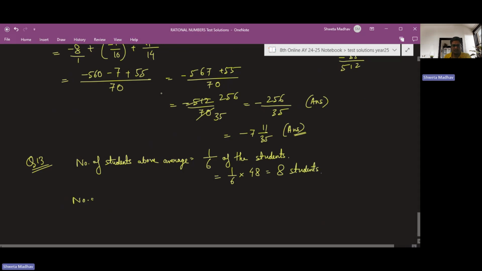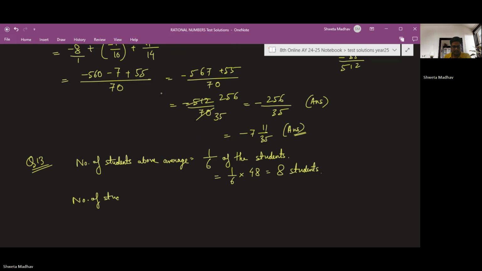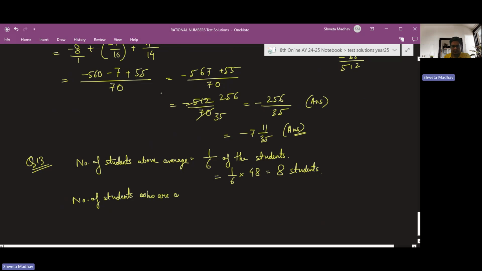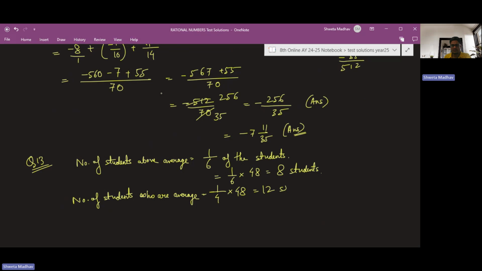And the number of students who are average will be equal to 1/4 of the students, which is 1/4 times 48. So that is equal to 12 students. And the remaining are below average.